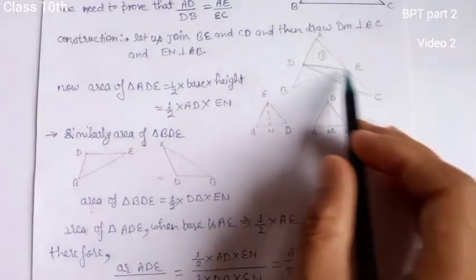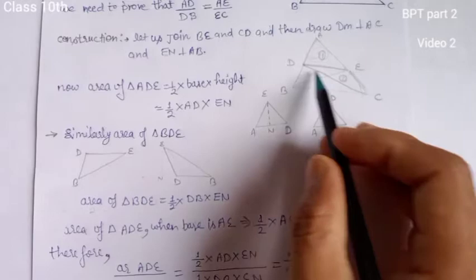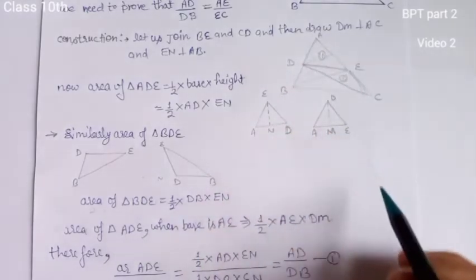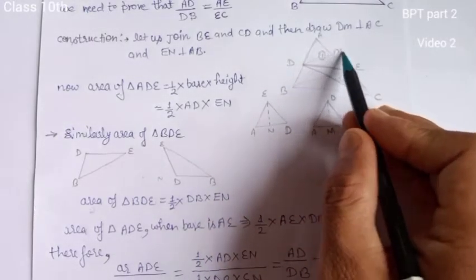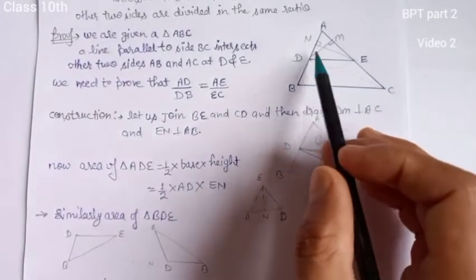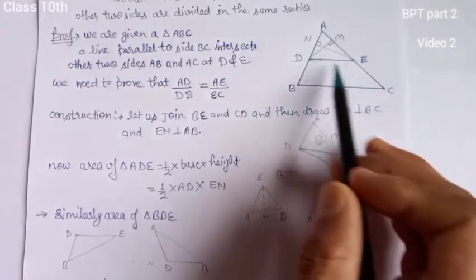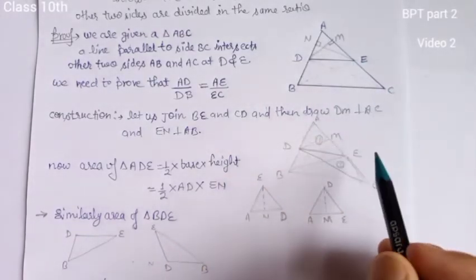And what is the area of the second one? It is half into base EC and height DM. It is clearly mentioned above that for this triangle DEC, the height is DM.